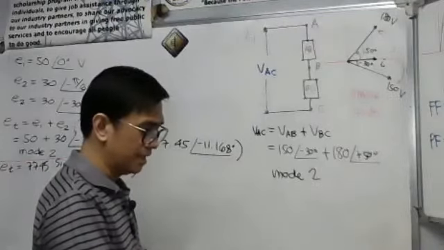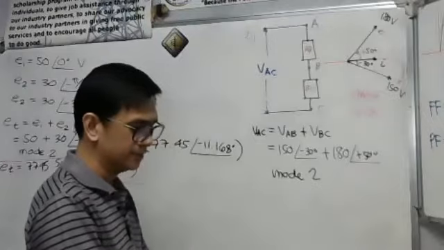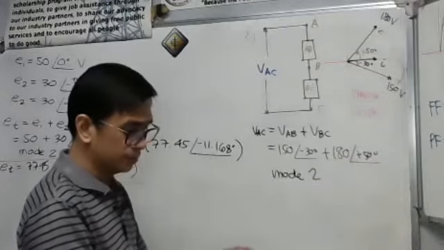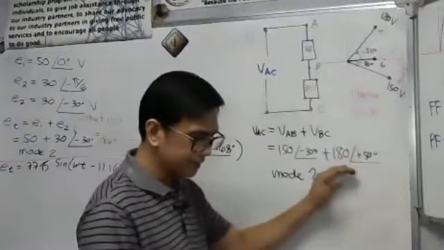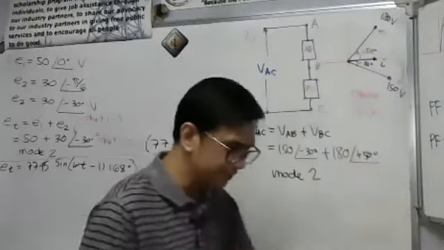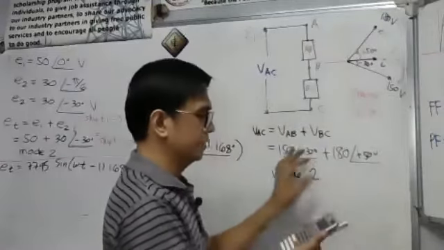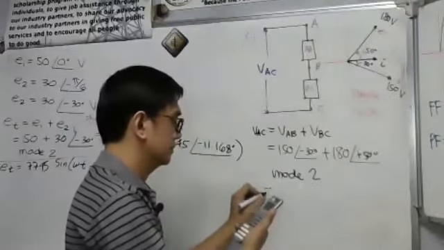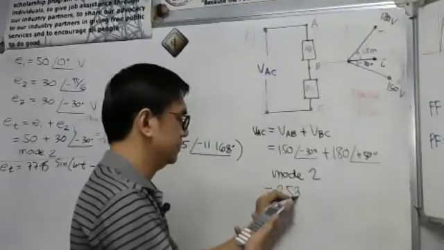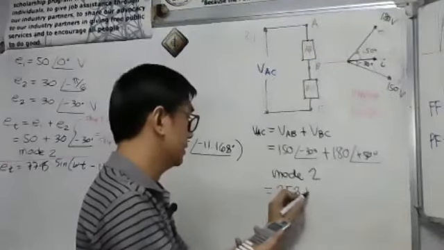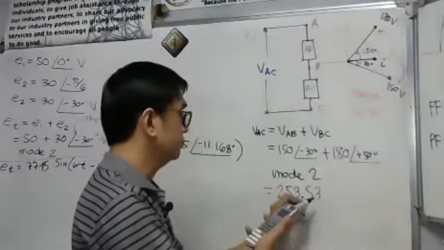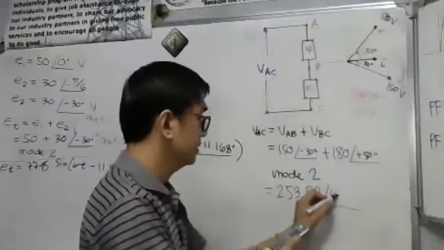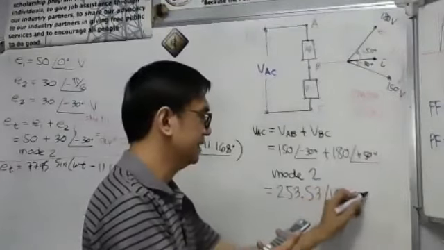On my calculator, the result comes out right away, you don't need to press shift 3. If you want to convert, on some calculators you have to press equals, then shift 3. So the answer will be 253.53 at an angle of 14.36 degrees, in volts.